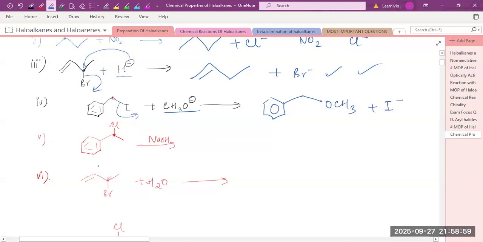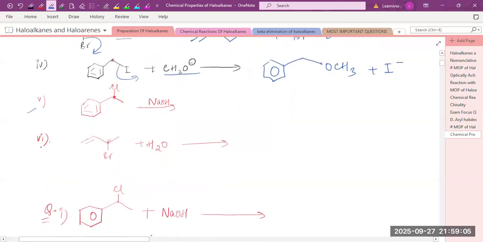Next one. Now tell me in the fifth question, what is the nucleophile? OH minus. Yes, OH minus is the nucleophile. So it will attack this carbon, and this chlorine will leave, and you will get this OH over here, plus your Cl minus. In this one, H2O, what is the nucleophile?